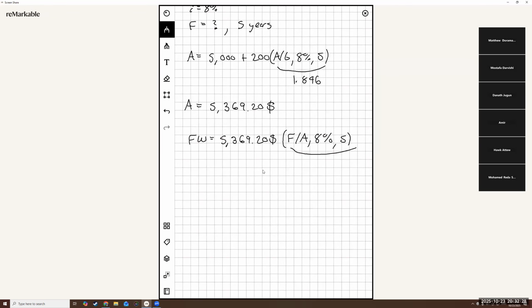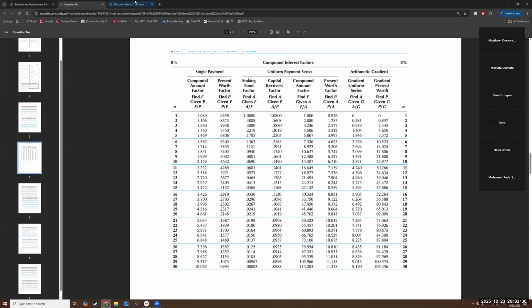What is this equivalent to? F over A at 5 years for 8% interest is 5.867.